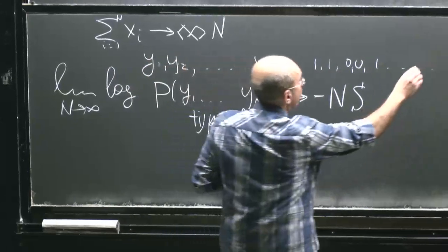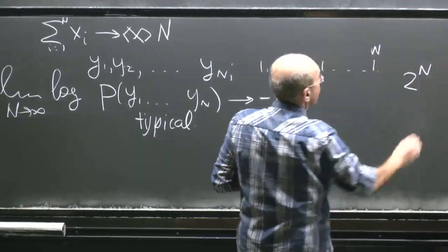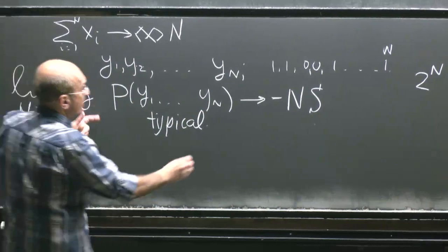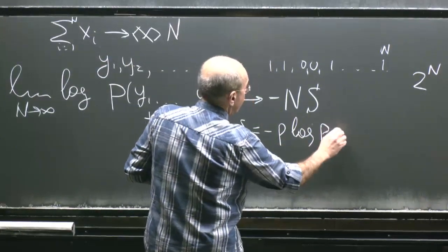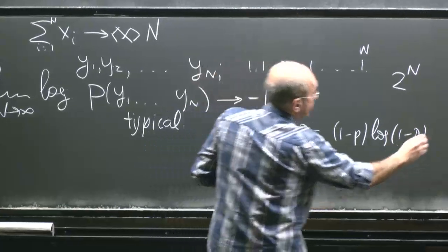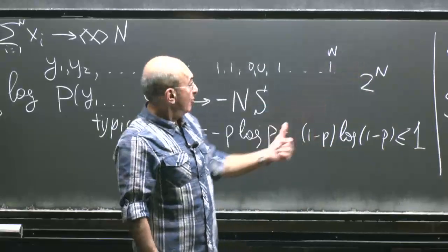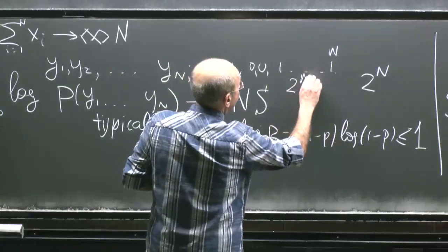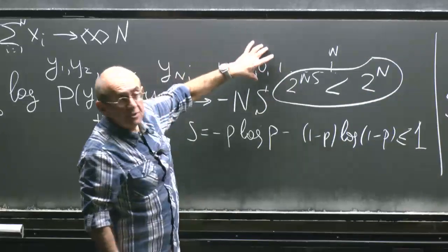In general, if you have n such symbols, then there are 2 to the n binary sequences of such length. But it's easy to show that the entropy of a binary source is minus p log p minus (1 minus p) log (1 minus p), and this is less than or equal to 1, and it's equal to 1, again by convexity, only when p is 1/2, when zeros and ones are equally likely. Which tells you that 2 to the power S is generally less than this. So you don't need this encoding.